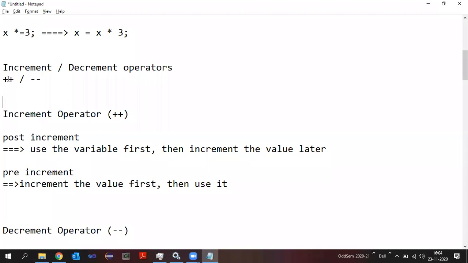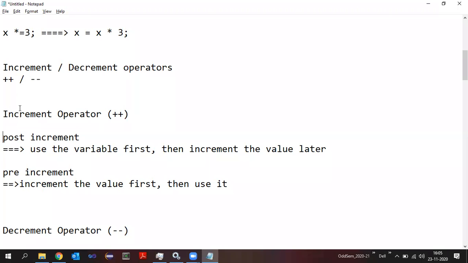They have two classifications, post-increment and pre-increment. How are post and pre decided? By where we write the operator: before the variable or after the variable. If it is before the variable, then it is pre-increment, and if it is after the variable, then it is post-increment, or the corresponding decrement operator.